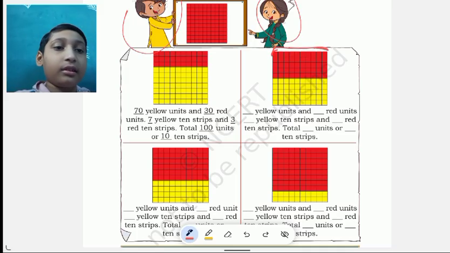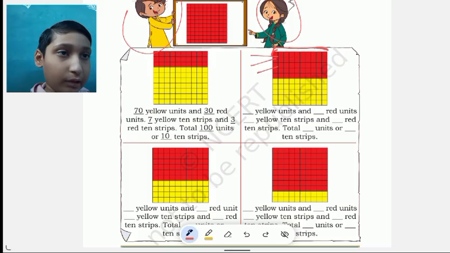So then we got 1, 2, 3, 4, 5 red ones and 1, 2, 3, 4, 5 yellow ones.